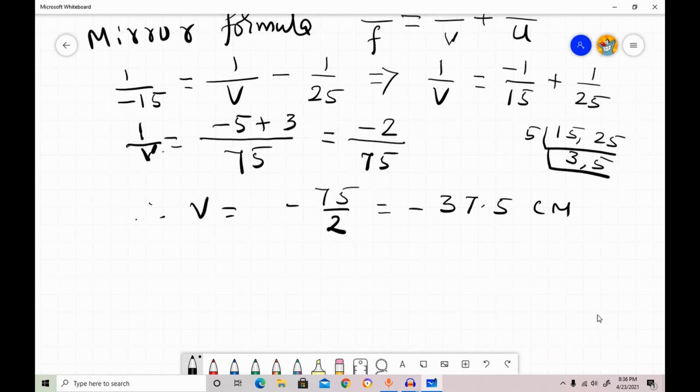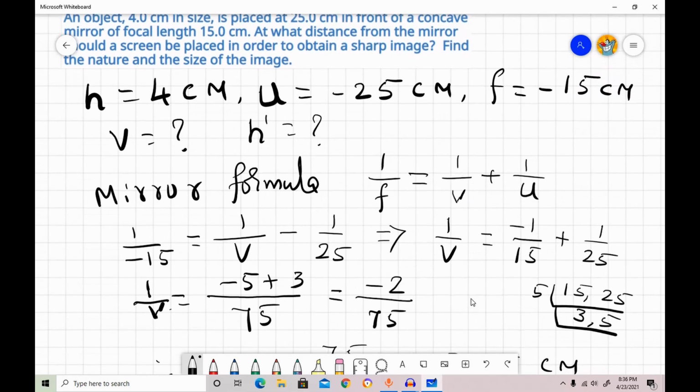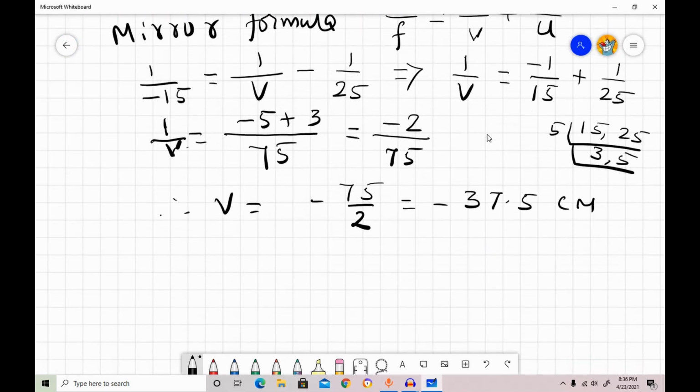So what is the indication? Minus means the image is virtual, and again minus means it is located in front of the concave mirror.